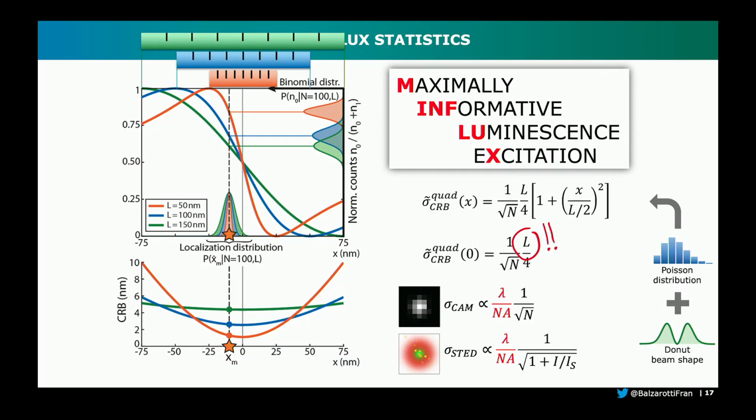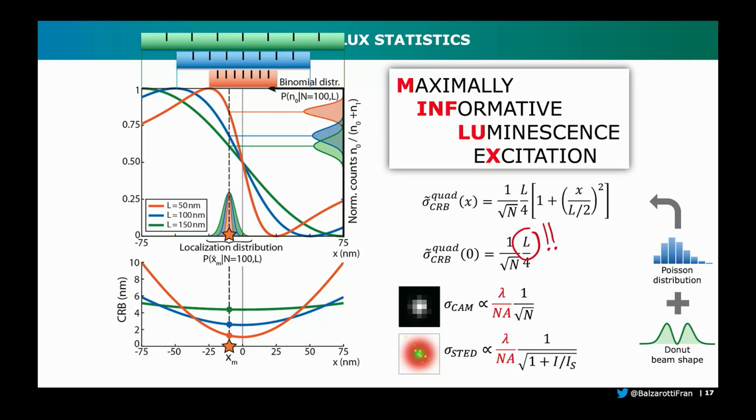But the trick is there. We call this MINFLUX, not for minimal photon fluxes necessarily, but for me, my interpretation is that the M of MINFLUX is maximally informative luminescence excitation, because we are manipulating the Fisher information through patterning the excitation to maximize, if we can, the Fisher information of the localization position.